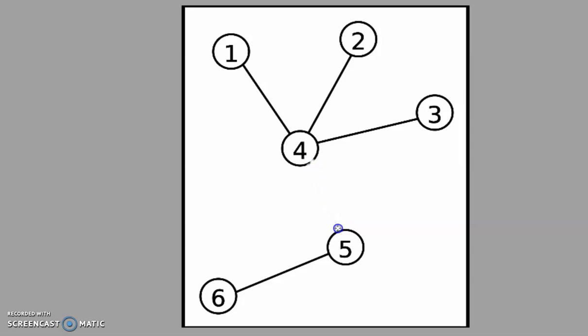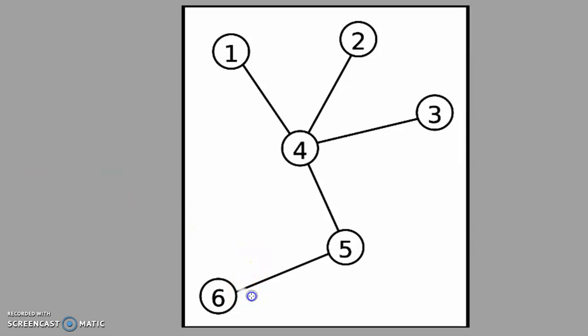And you can see that if I do that, this graph is now no longer connected. If I put the edge back, then the graph is connected again. And this would be true for any of these edges regardless of which one I removed.